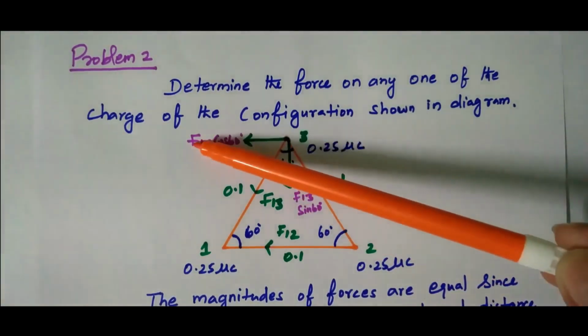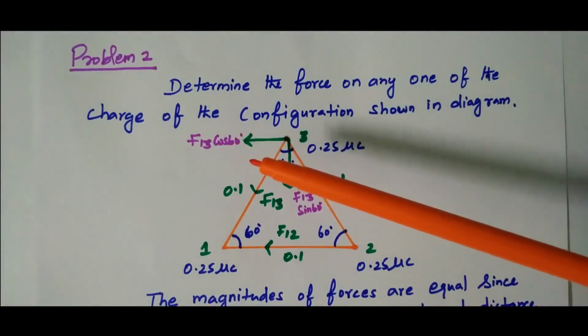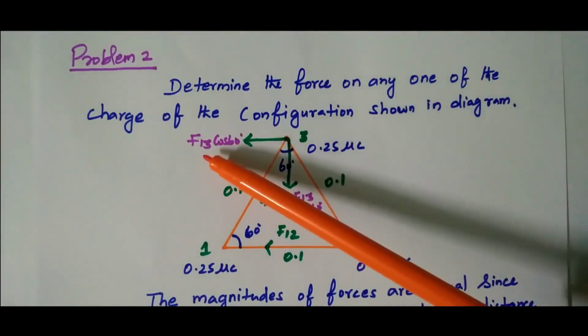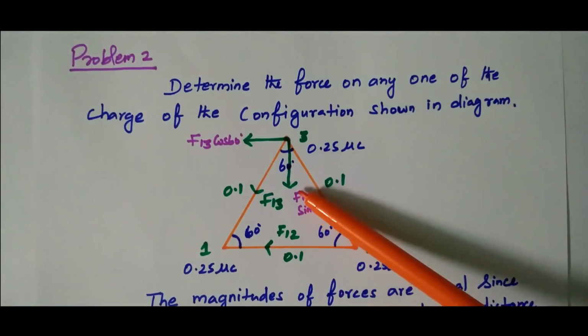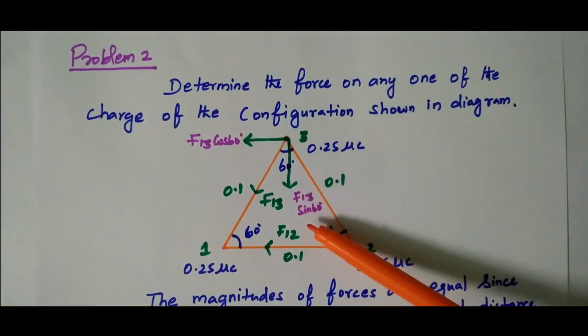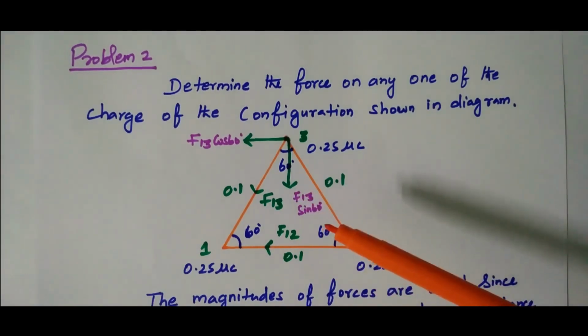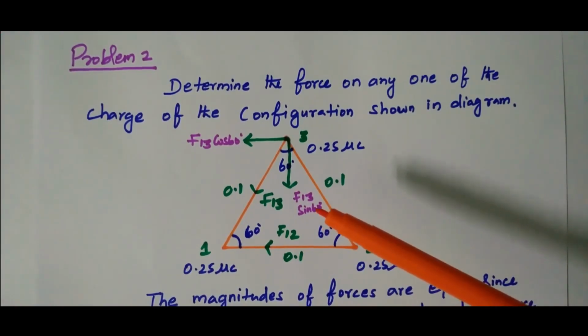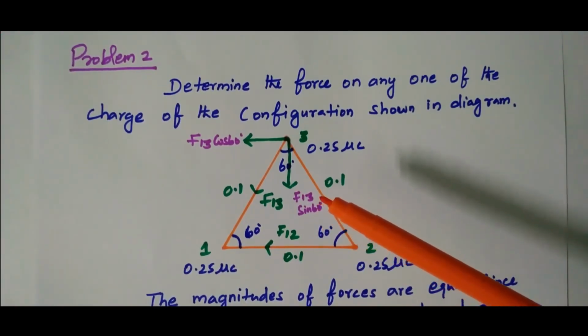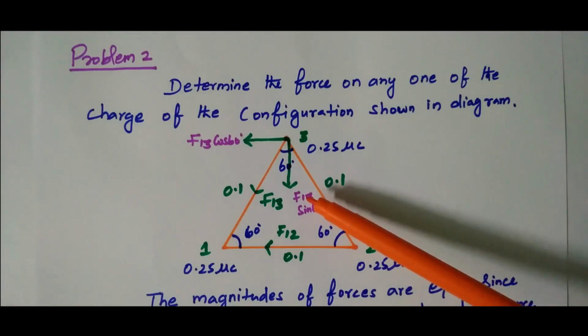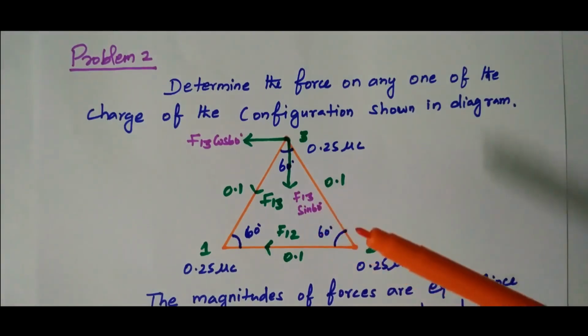It is the total force multiplied by cos theta, F13 cos 60. The vertical component is the total force multiplied by sin theta, F13 sin 60. We can easily remember: horizontal component is total component multiplied by cos theta, vertical component is total component multiplied by sin theta.